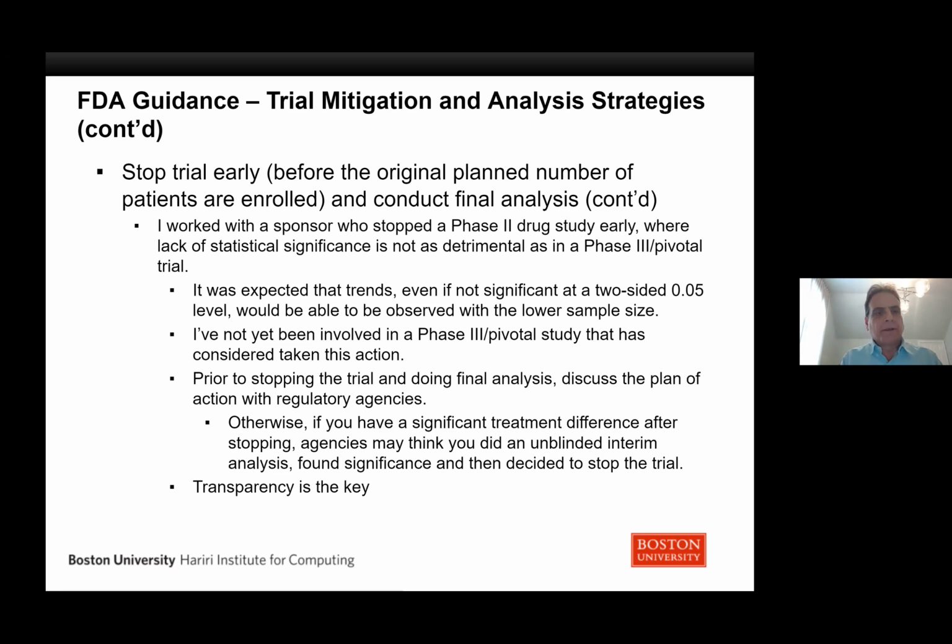So it's important, if your plan of action is to stop the trial early and conduct the final analysis on the data you've collected, to obviously not look at the data in an unblinded manner before you make that decision, and to discuss with the regulatory agencies before that decision is finalized. Transparency is the key here, transparency of your decisions.